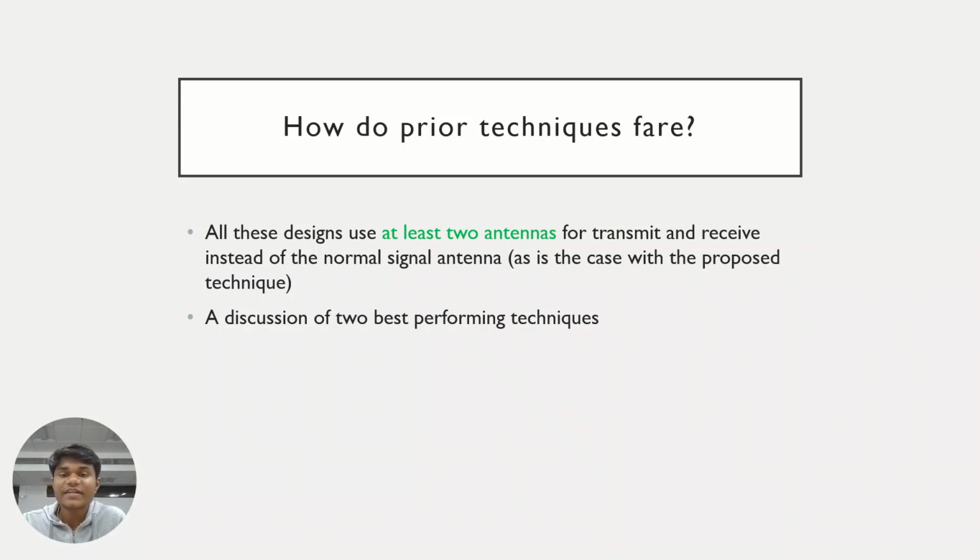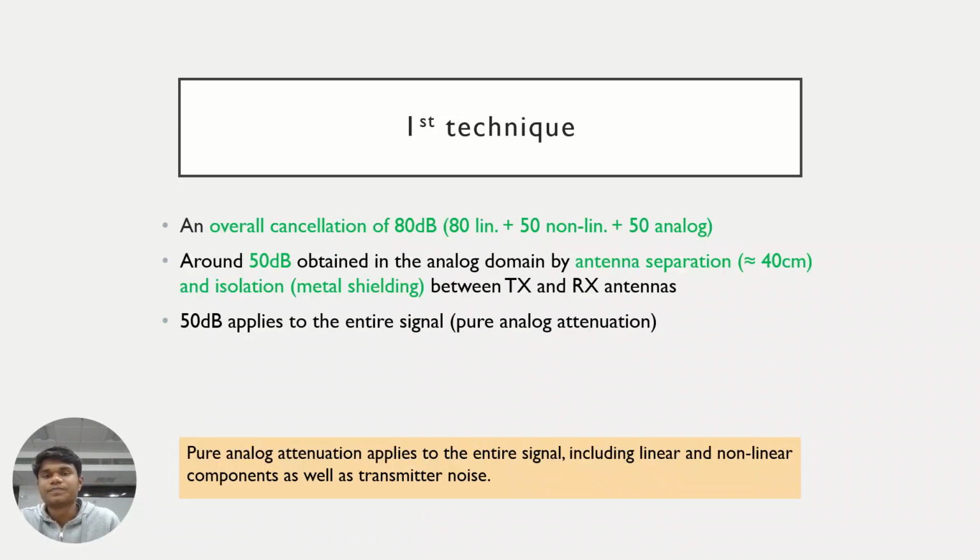The key difference between the design proposed in this paper and their design is that the prior ones use at least two antennas for transmission and reception of signals instead of a normal single antenna, which is being proposed in this paper. Now, the first technique achieves an overall cancellation of 80 dB.